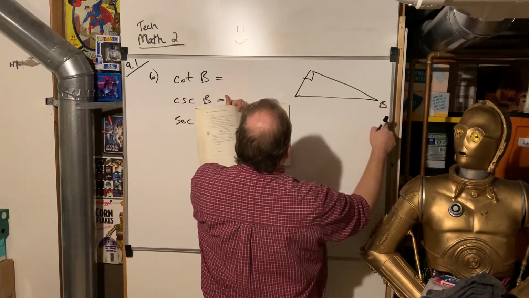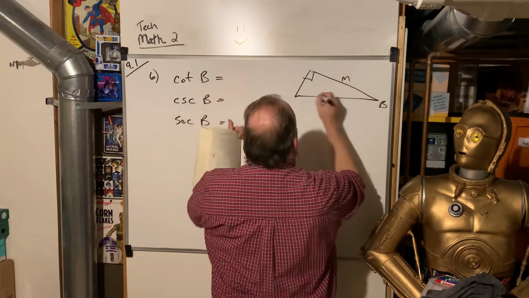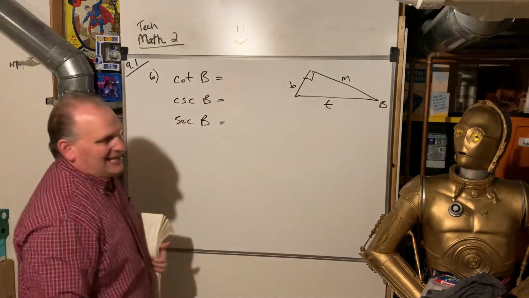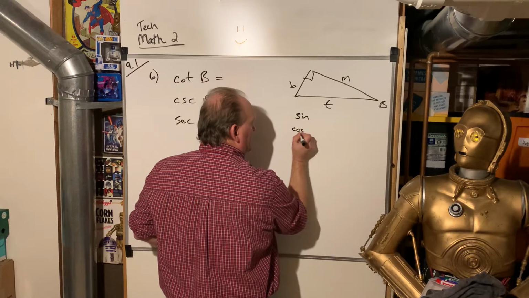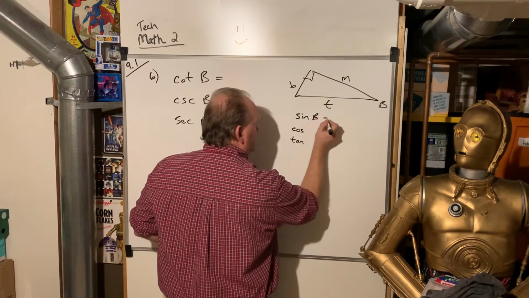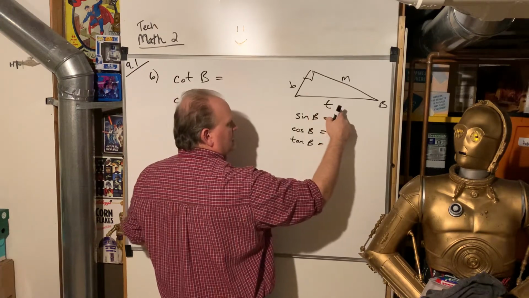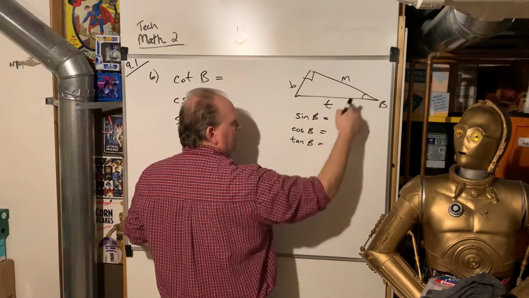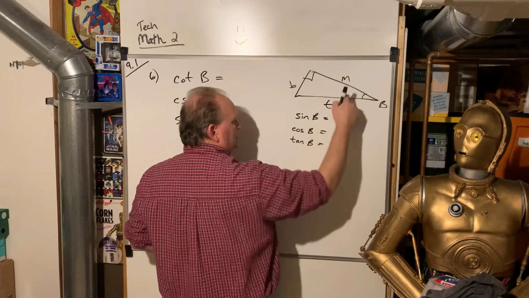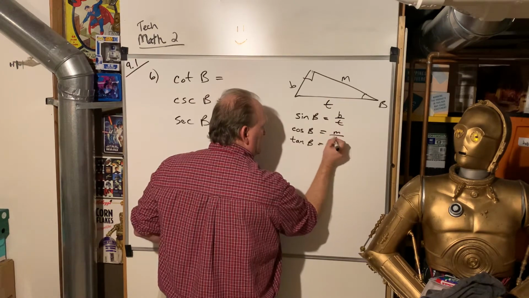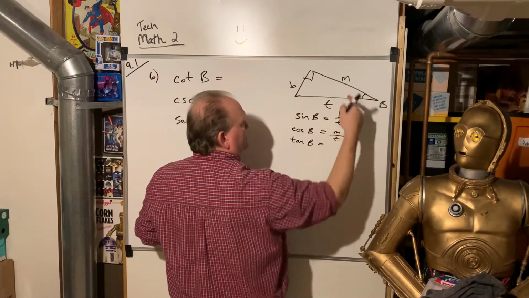There's angle B, and this is side T and side M and side B. And until you get the hang of it, what I suggest is you do sine, cosine, and tangent. B, B, B. So opposite the 90, this is the hypotenuse. So if this is my angle, sine is opposite over hypotenuse, B over T. Cosine is adjacent over hypotenuse, M over T. And tangent would be opposite over adjacent, B over M.